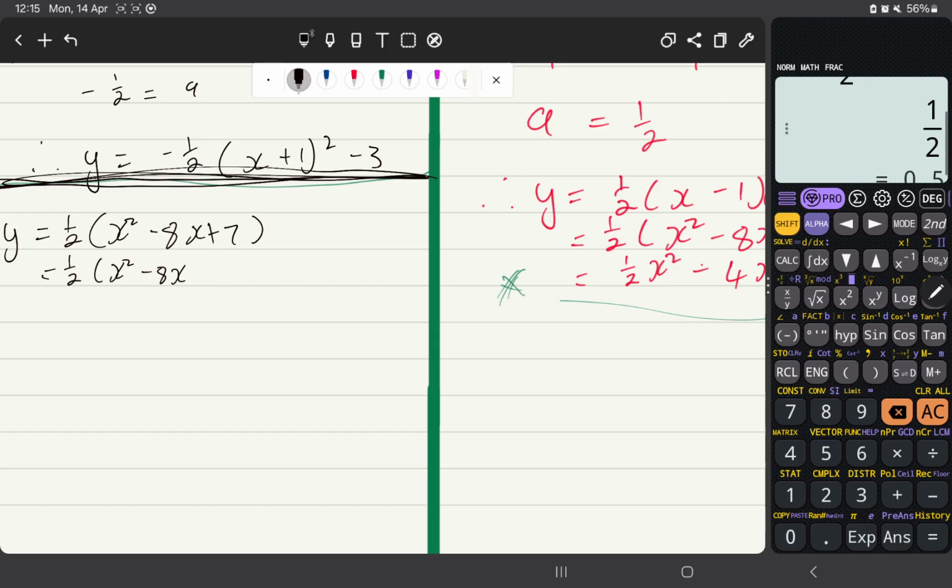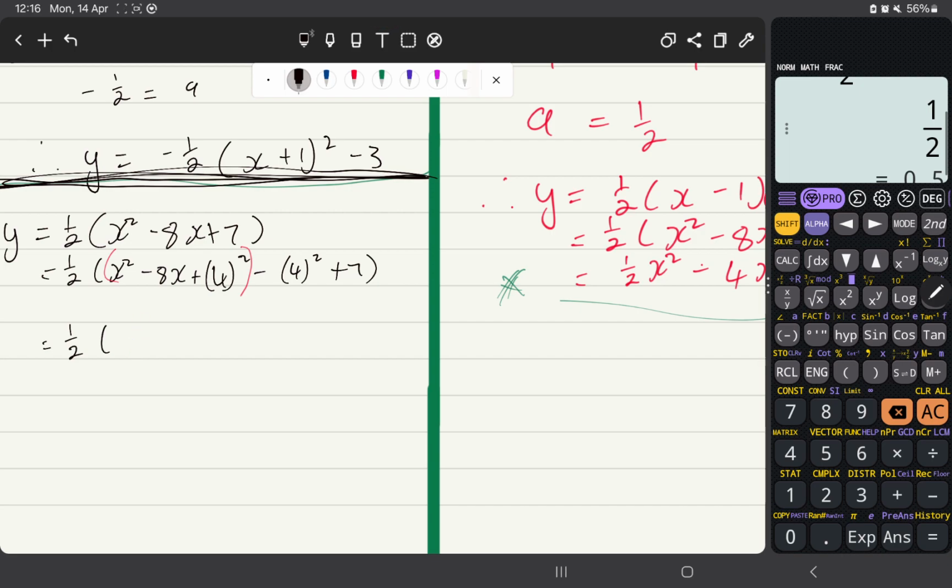I'm gonna square it and then add and subtract. So I have 4 squared, which I'm adding, and I'm subtracting 4 squared, plus 7. Then I take the first 3 terms, with the half outside.